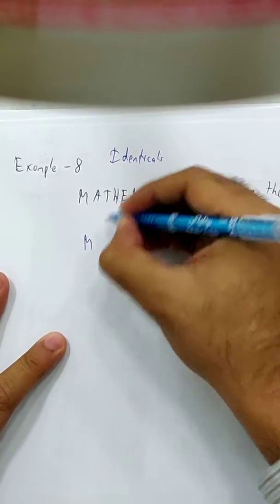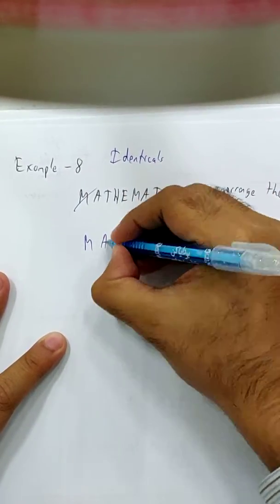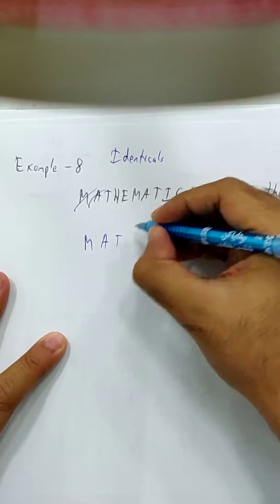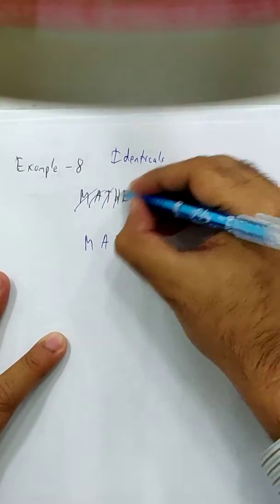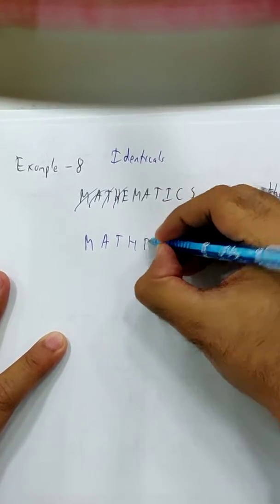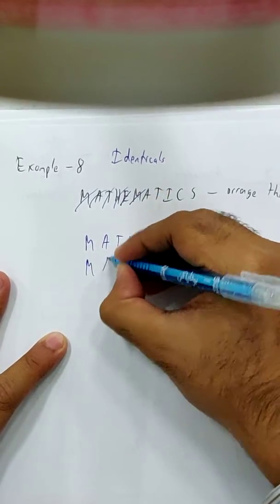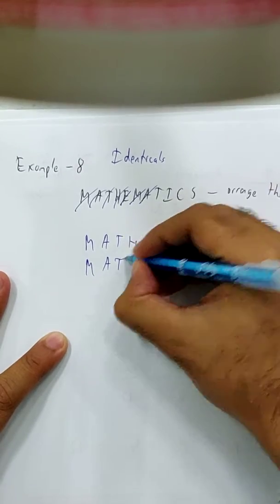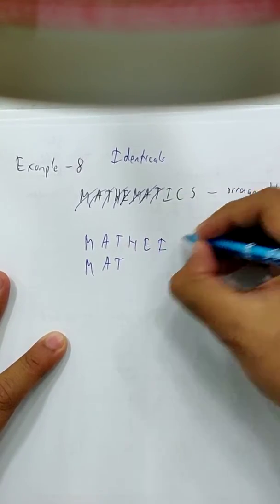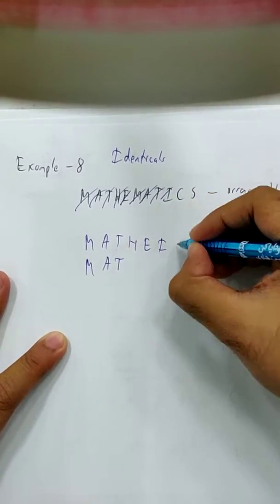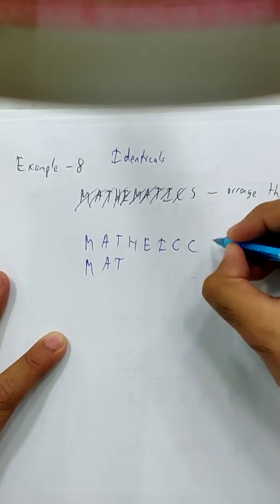Firstly, I write down my m, then I write down my a, then I write down my t, then I write down my h, I write down my e, m again I put down here, a again I put down here, t again I put here, i, c, s.